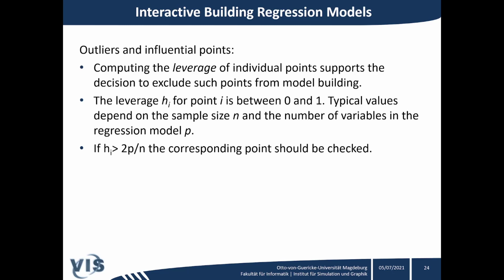An influential point is a point for a statistical calculation whose deletion from the data set would noticeably change the result of the calculation. In particular, in regression analysis, an influential point is one whose deletion has a large effect on the parameter estimates. Thus, an influential point is an outlier with high leverage that significantly affects the slope of a regression line.